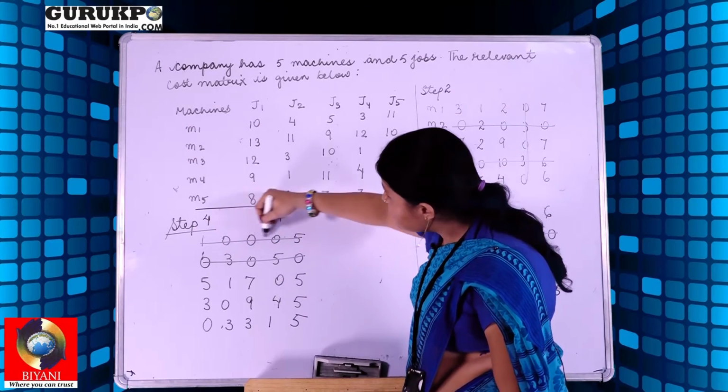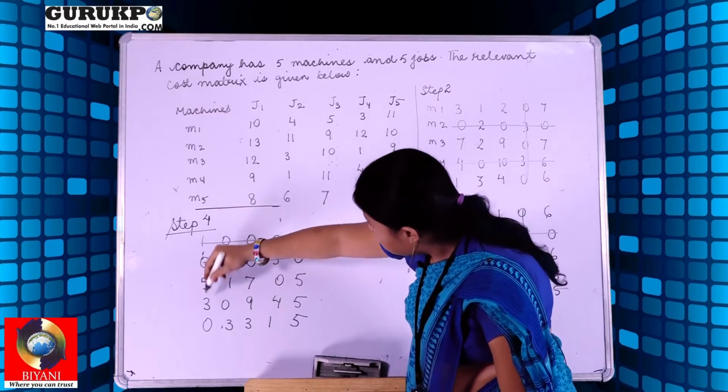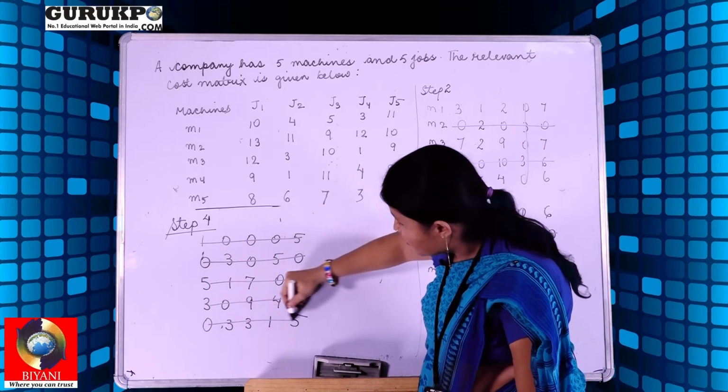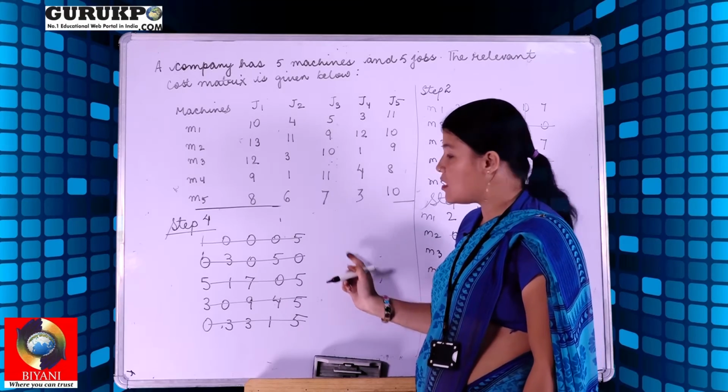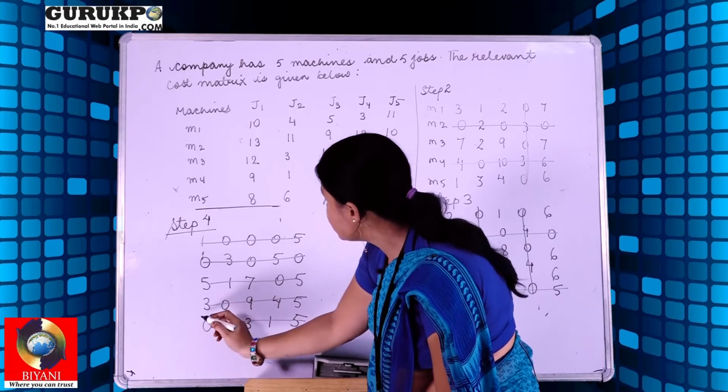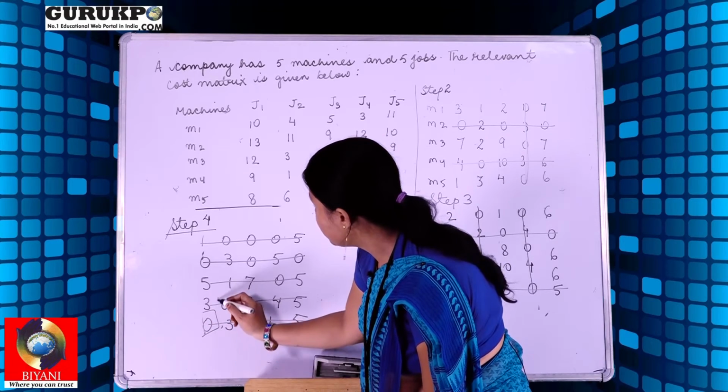Now we will again start drawing the lines. As we have already achieved our target of 5 lines, now I am going to locate the points. That is, there is a single point.